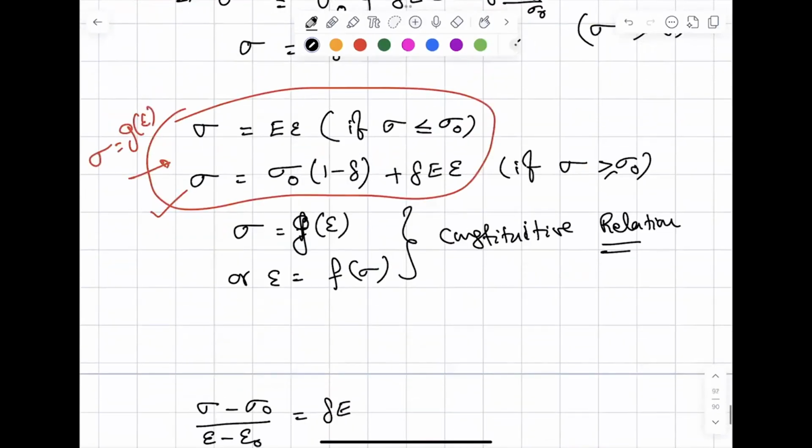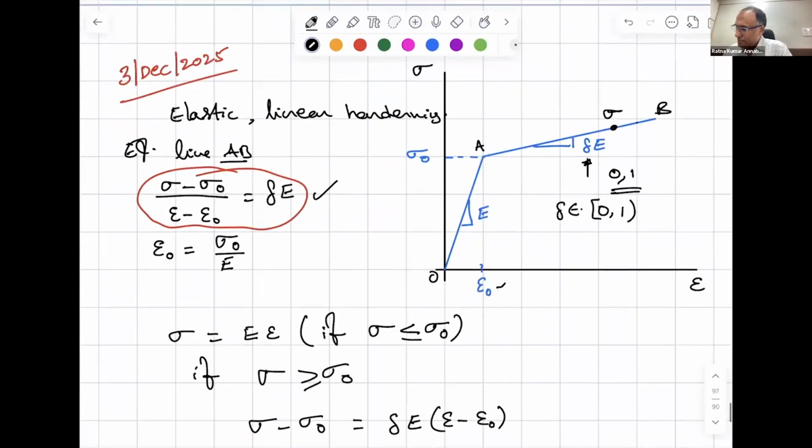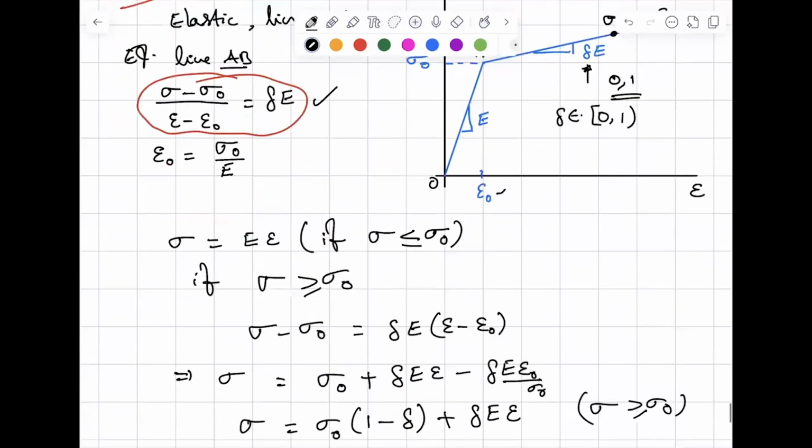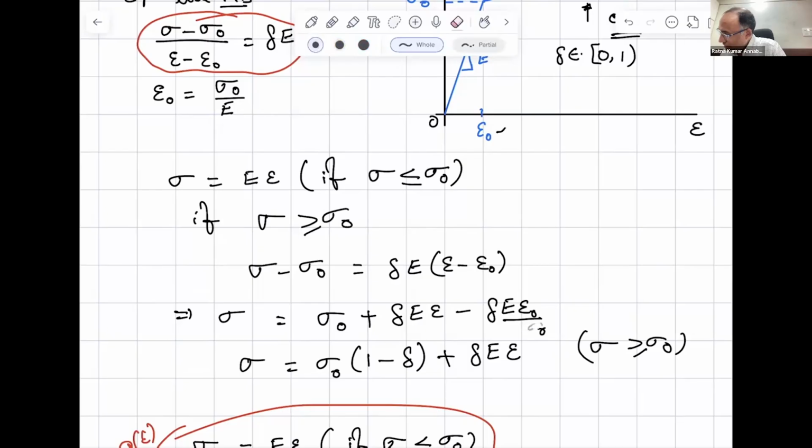If you slightly go up, sir? Slightly come down, sir. Here sigma is equal to sigma naught into 1 minus delta plus delta E into epsilon. How are we converting epsilon naught to epsilon, sir? No, I am not converting epsilon naught to epsilon. I am saying this quantity E times epsilon naught is equal to sigma naught.